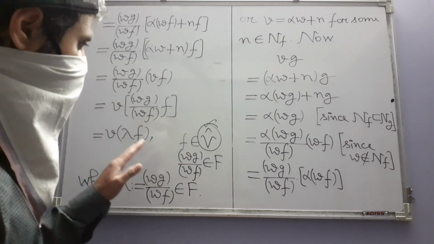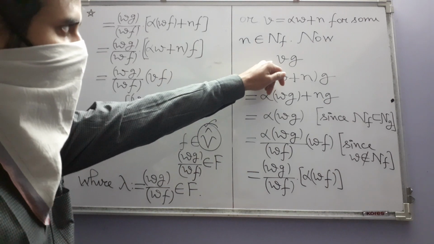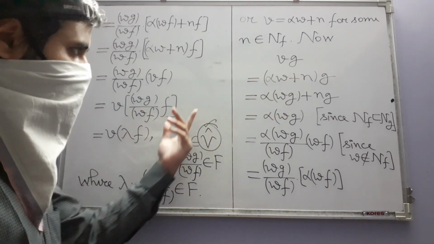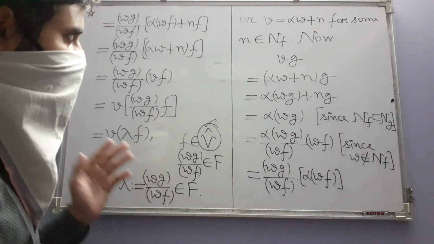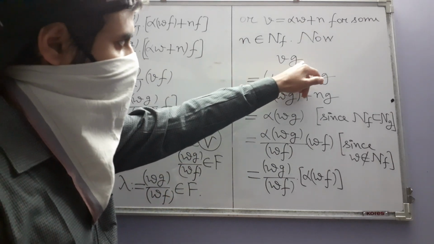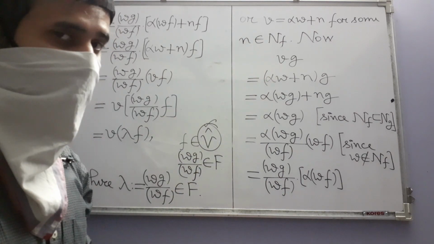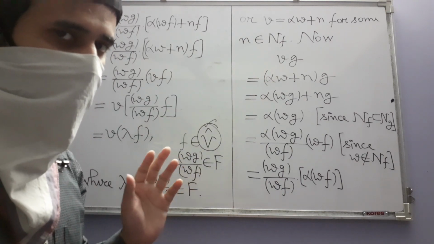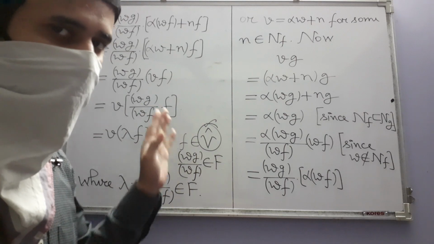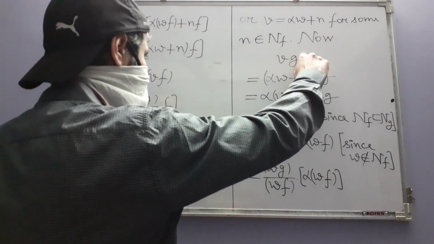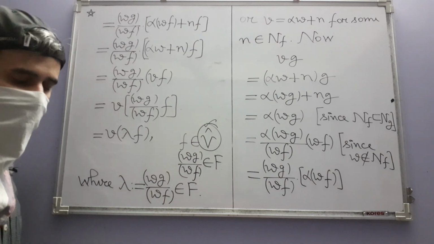Now our v was what? Our v was any arbitrary vector from the vector space capital V. So that means the effects of g and lambda f on v are identical. They are going to give us the same scalar when applied on a given vector from capital V. So that is why as functions g and lambda f are identical.